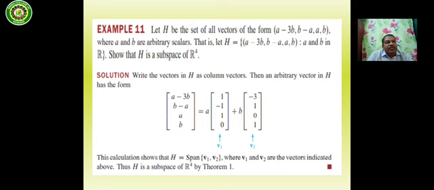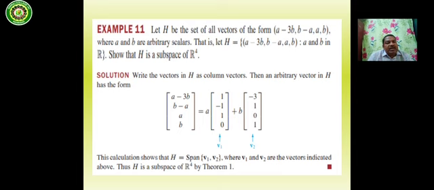Plus b into the b coefficients: first row minus 3, second row 1, third row b is not there, so 0, fourth row b coefficient is 1. So a into a vector, b into a vector. We say that it is a v1 plus b v2. So we write H is the span of v1 comma v2.